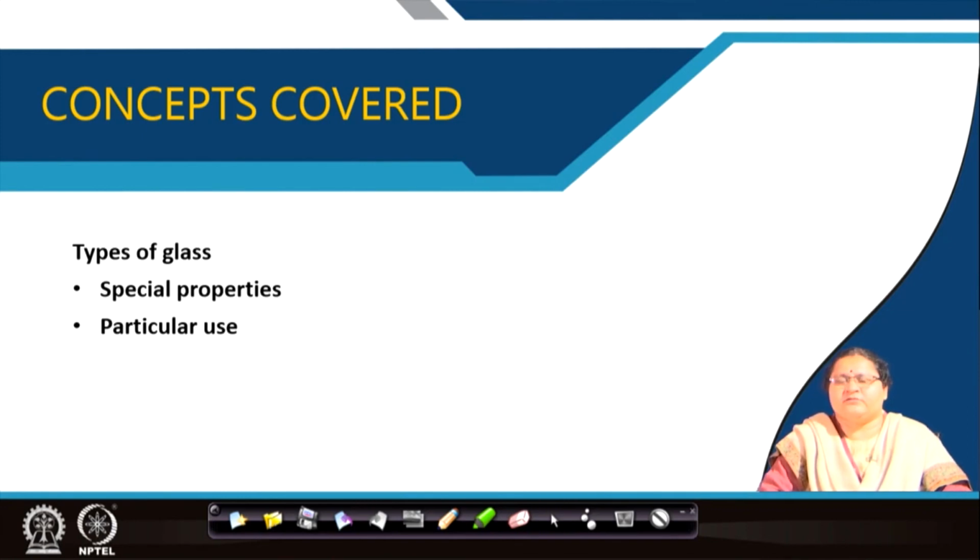More or less, we will see the use of plate glass, sheet glass or maybe float glass, which we had closed by giving the list in lecture 1. But we require particular types of glass mostly when we are going for special uses of glass.